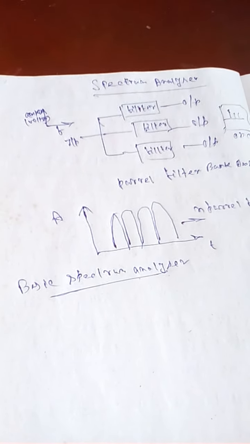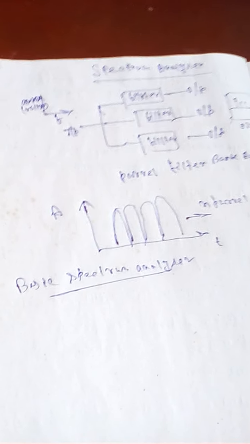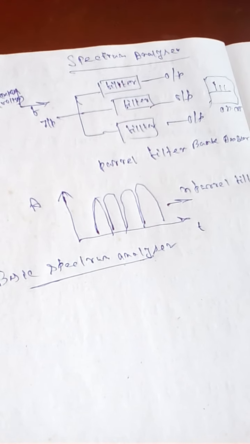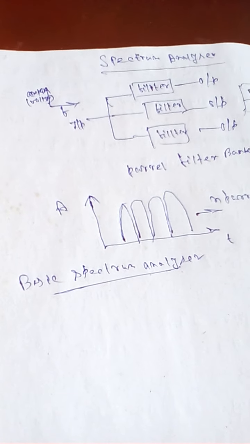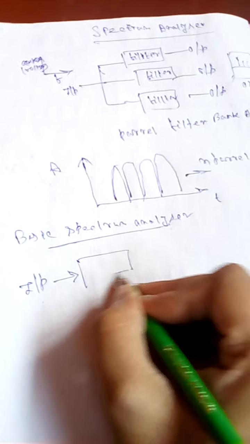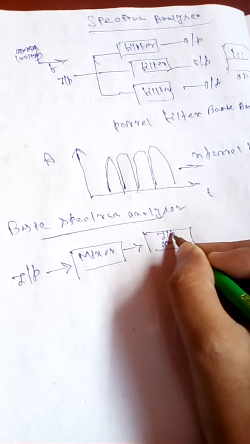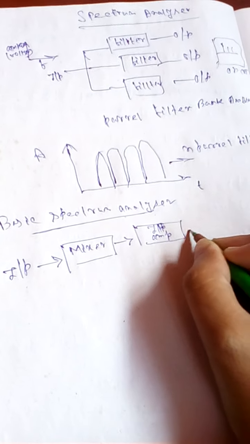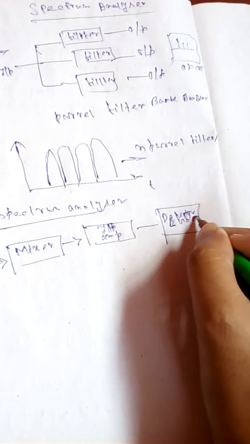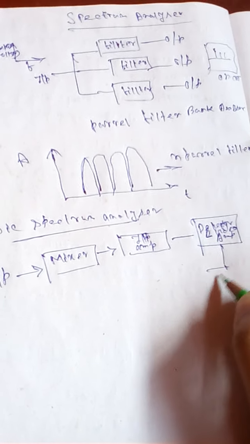There is a sawtooth waveform whose voltage drives the horizontal axis element of the scope, and the sawtooth voltage frequency controls the voltage tuned oscillator. In the spectrum analyzer circuit, the input is passed through a mixer, then there is an IF amplifier, meaning intermediate frequency amplifier, then it goes to the detector and video amplifier, and then to the spectrum CRT screen for display.